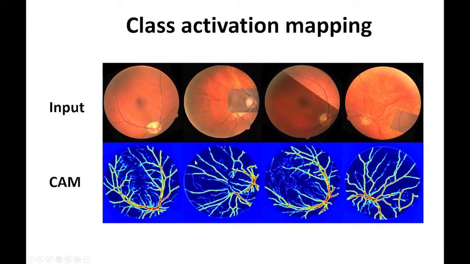And this photo talks about the class activation mapping, which makes it easy for people to observe how the neural network worked. In picture line 2, you can see red lines and a blue background. The red line means the model pays more attention to here, so the model will give a higher weight to the loss.